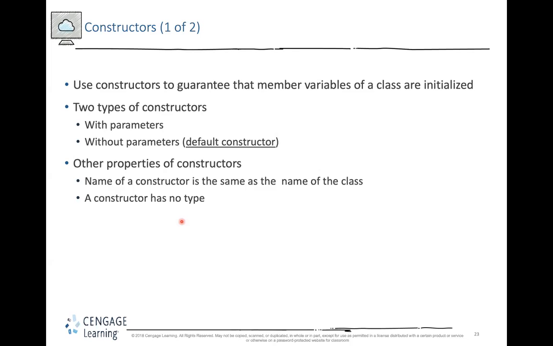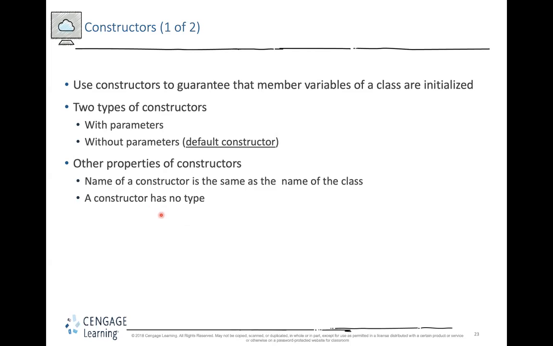Now the role of the constructor is essentially just to get the member variables initialized. That's typically what the role is. A constructor actually has no type. It's a special function. You don't have a direct way of invoking it.